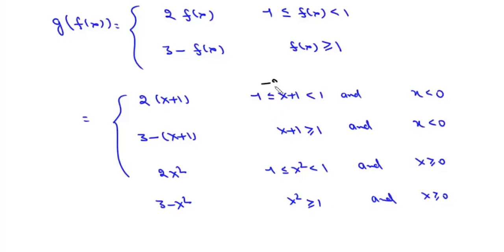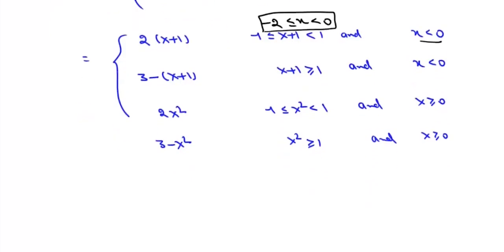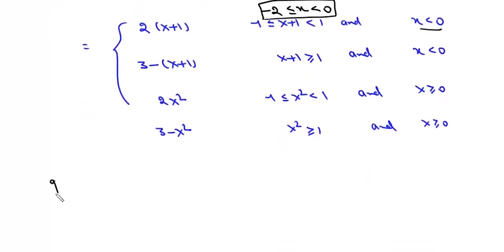Now this is -2 less than or equal to x less than 0, and this is x is less than 0. So the intersection of these two conditions is this interval. So g of f(x) will be 2x plus 1 when x lies between -2 and 0.